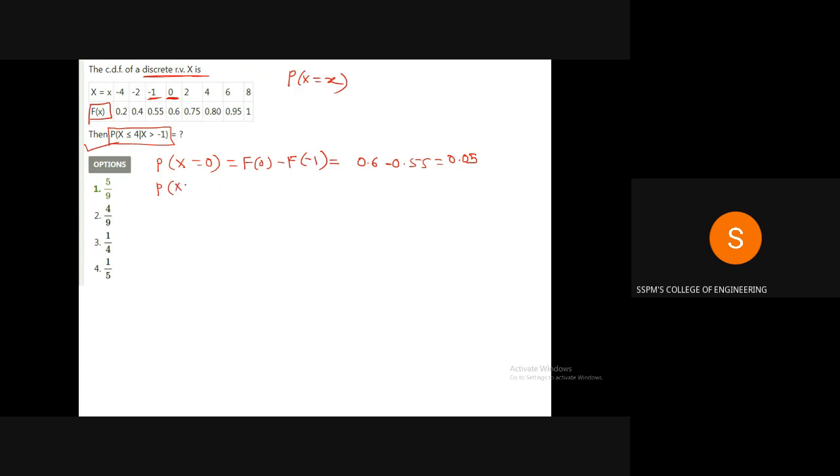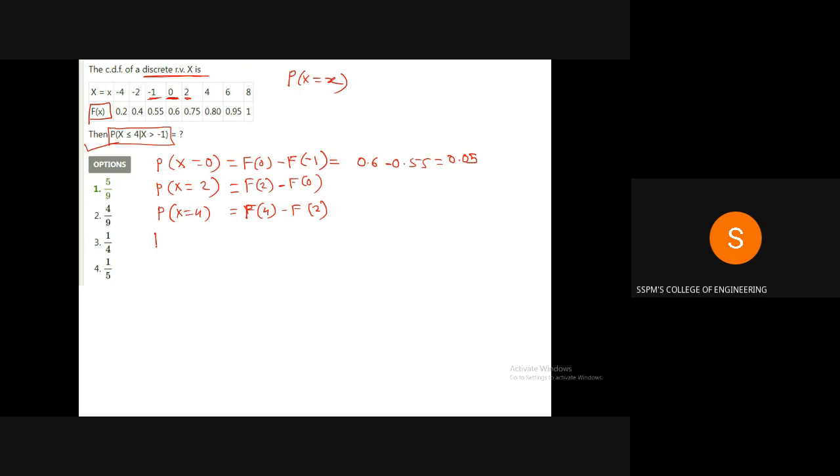Probability of x is equal to 2 is f of 2 minus f of 0. Probability of x is equal to 4 is f of 4 minus f of 2. That's how you can calculate the probability of each random variable.